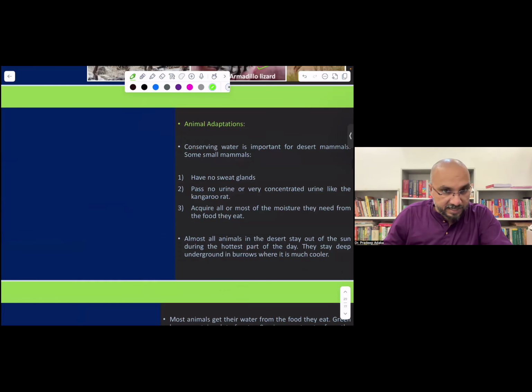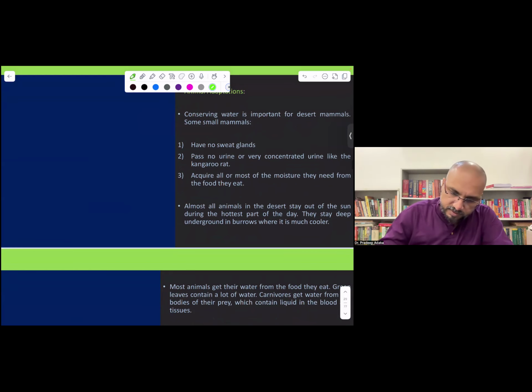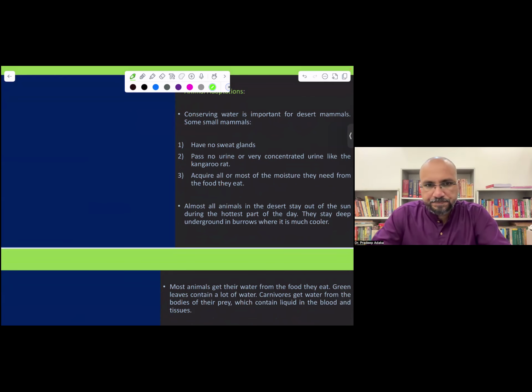Now coming to the animal adaptations. These animal adaptations are also very unique. First of all, to conserve the moisture, because water availability is very low. So where do they get their water from? Animals feed on the plants. Plants have these adaptations that they can store the water, or they remain dormant, right?